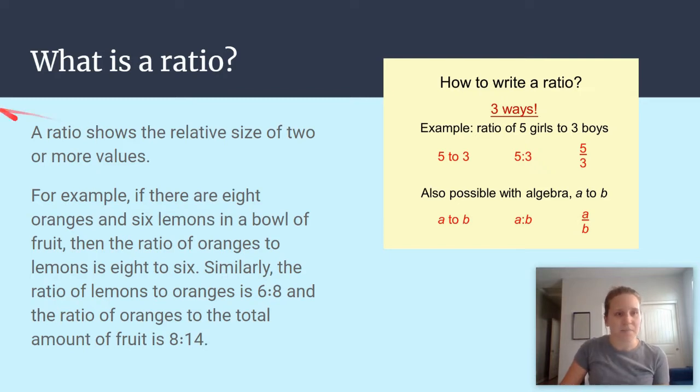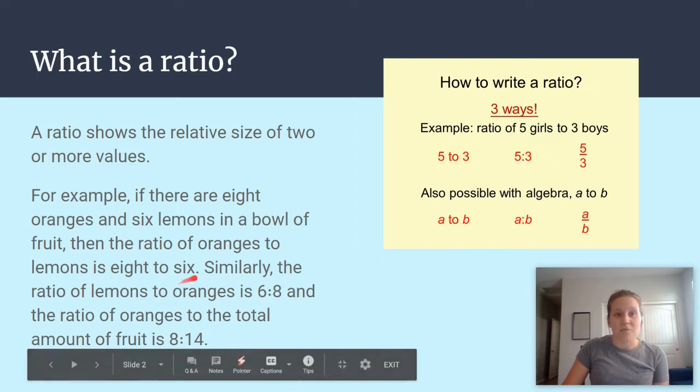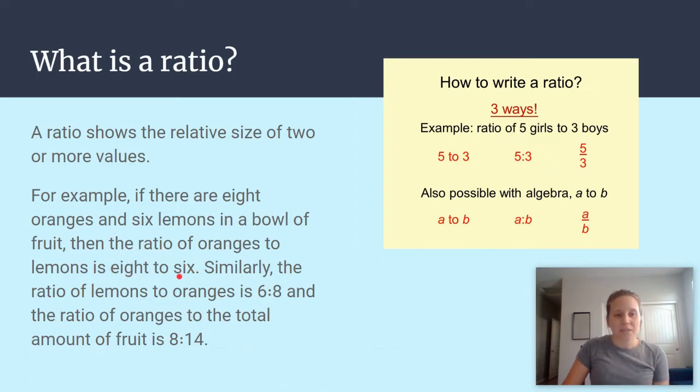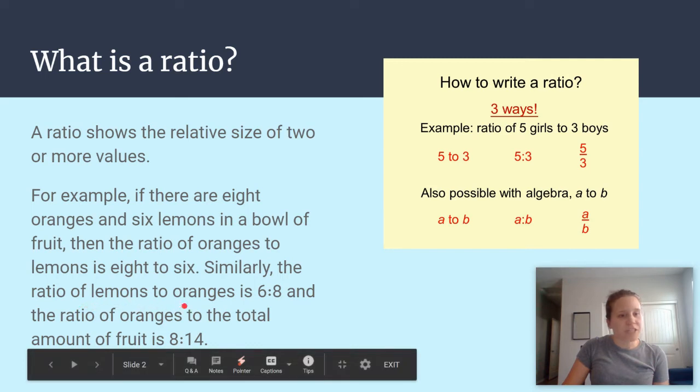Okay, so here's an example. If there are 8 oranges and 6 lemons in a bowl of fruit, then the ratio of oranges to lemons is, here it is in words, 8:6. Similarly, the ratio of lemons to oranges is 6:8. Notice how the order changed?